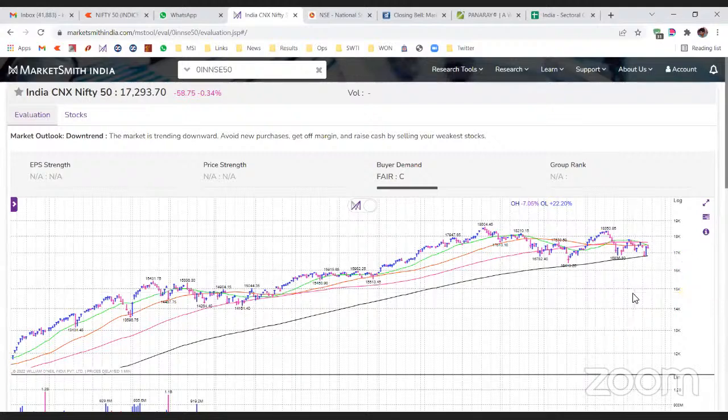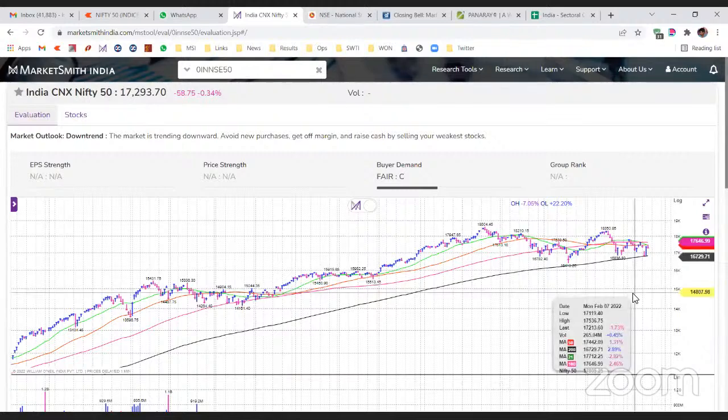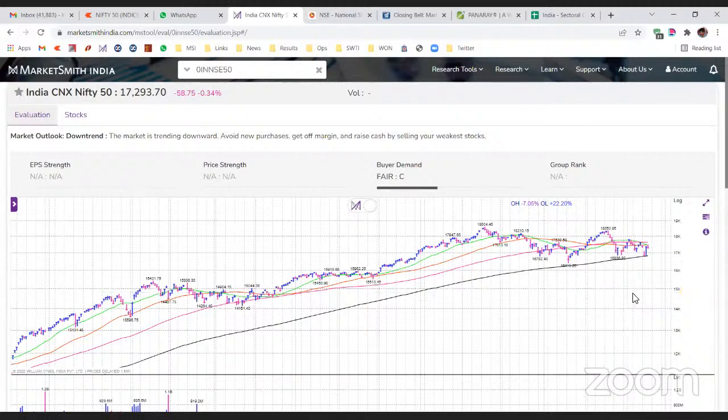As O'Neill followers, what we try to interpret is obviously market data. In lieu of what market data has thrown up, with the broader indices performing as they are and a lot of stocks moving below the 50 and 200-day moving averages across sectors, that is not a very healthy sign, if I may put it.